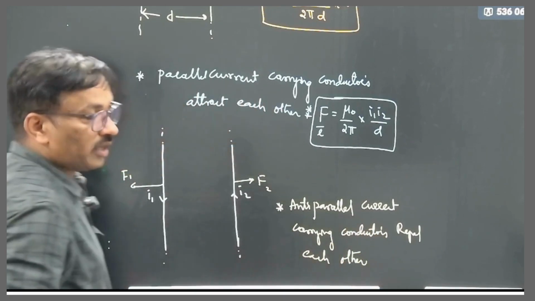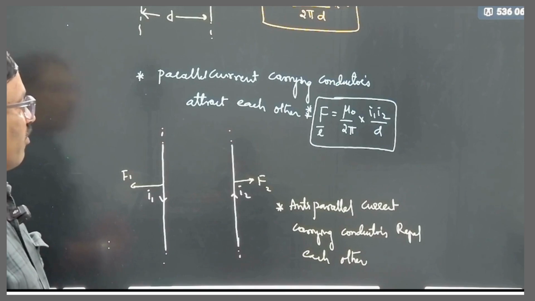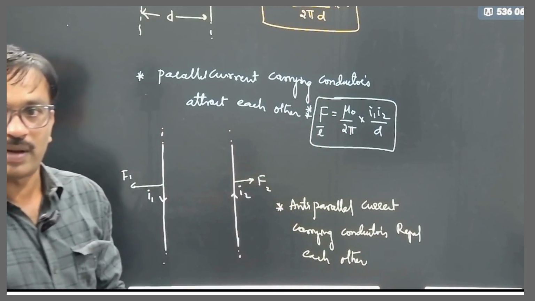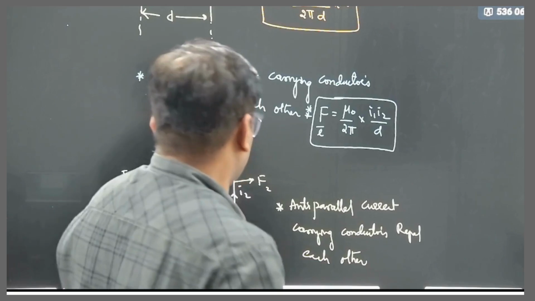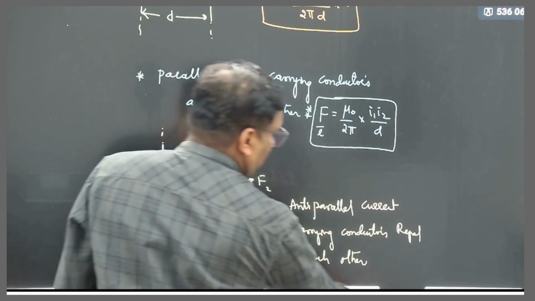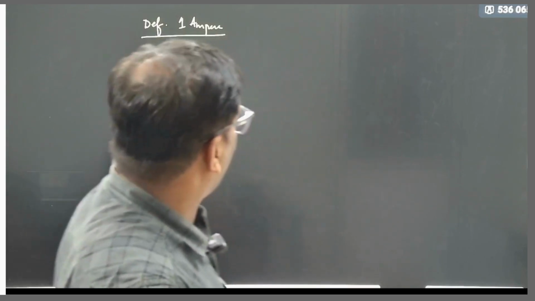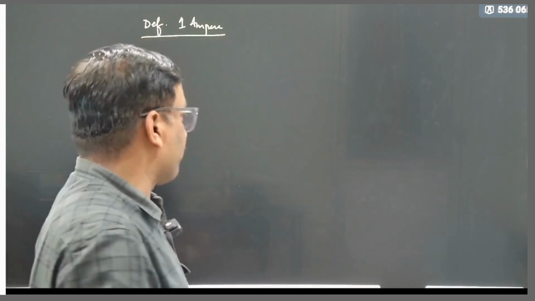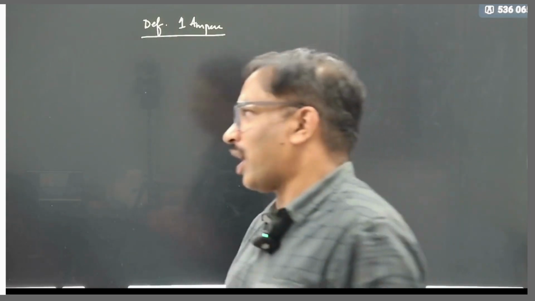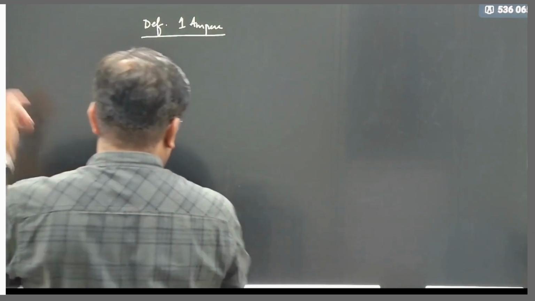The force per unit length, F by L, is equal to mu naught by 2 pi into I1 into I2 by D. Clear? So now by using this concept we'll study the definition of 1 ampere, right? In the general definition, we studied that if 1 coulomb of charge is flowing in 1 second, it is said to be 1 ampere. But really 1 coulomb, right?